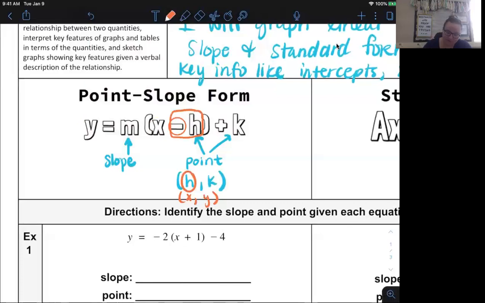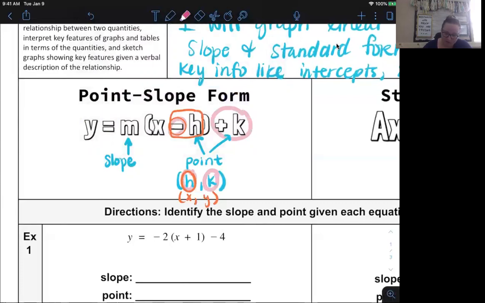However, it's different for the y value of the point. The y value is positive k, and in the point, it's also positive k. So k, the y value, keeps its original sign in the form and in the point, but in the equation, h switches its sign. So that's something that you need to be careful of and watch out for as you are using point slope form.